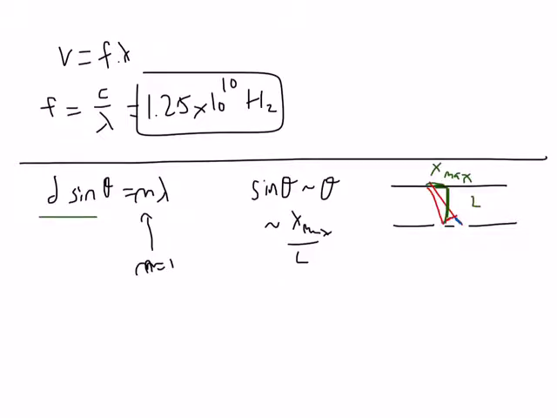Okay, so d x max over L equals the wavelength. That'll find us the first maximum, and we rearrange and solve like so. And when you have all these numbers, we can plug them in.